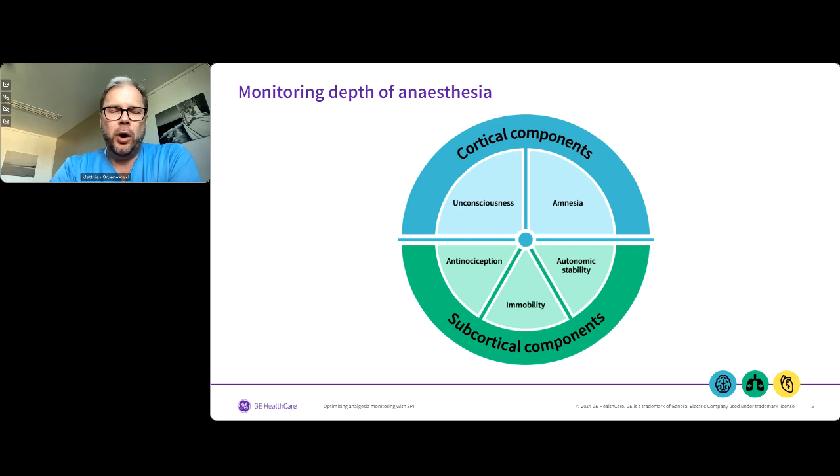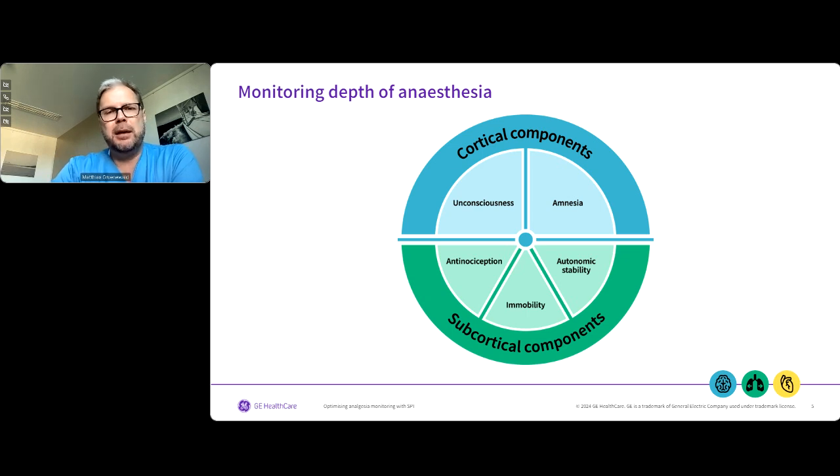When I talk to colleagues and ask them what is meant by monitoring depth of anesthesia, mainly one component has been said to be important, which is unconsciousness and amnesia.